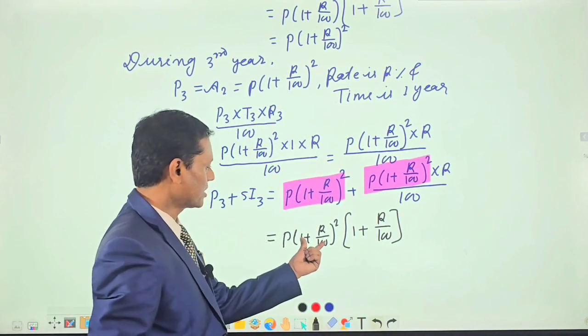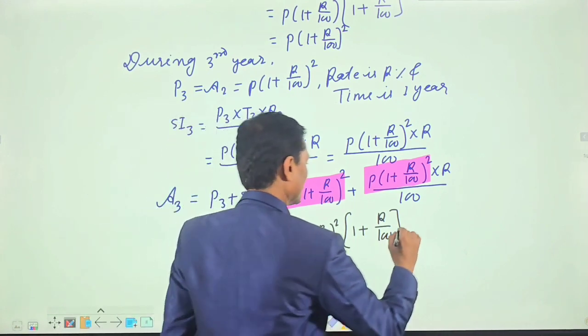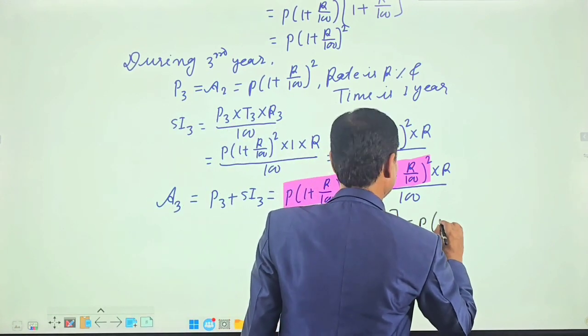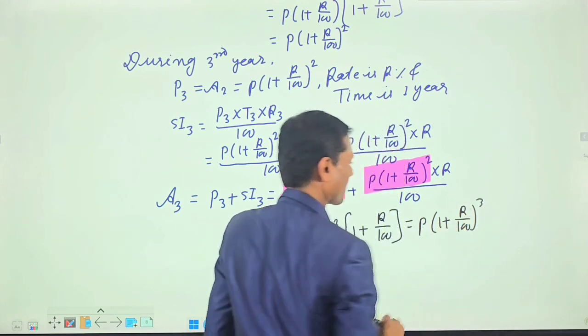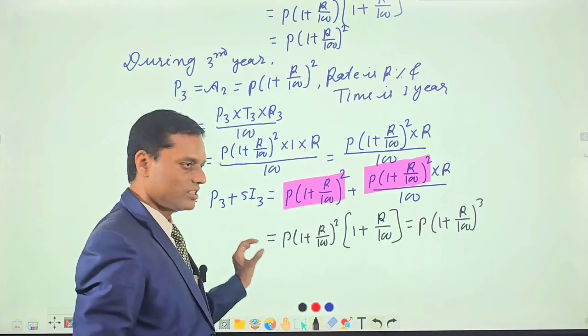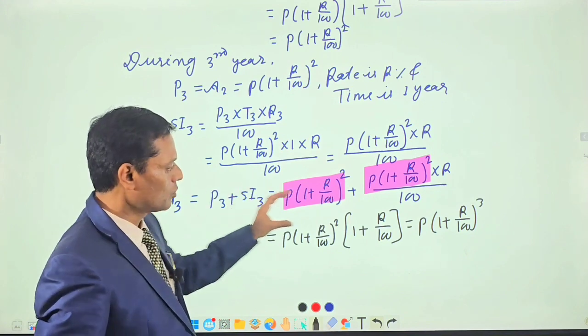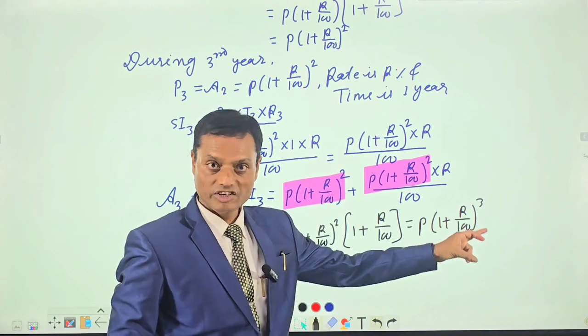Then x squared into x is x cubed, so we can write here P times (1 plus R over 100) to the power 3. So now you can see A3 equals P times (1 plus R by 100) to the power 3.